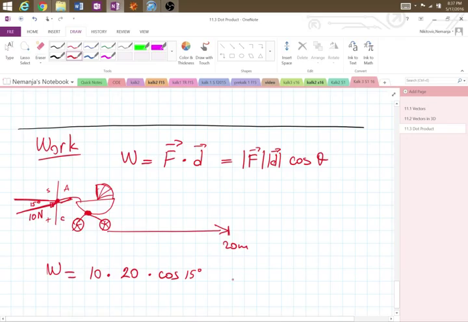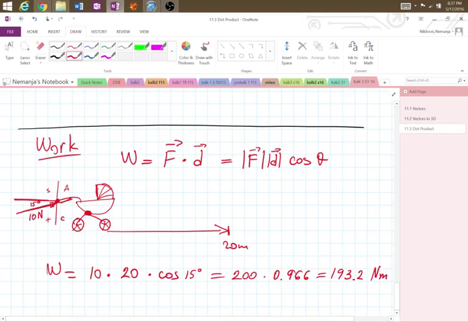All right, so this is going to be 200 times 0.966, which is 193.2 newton meters.